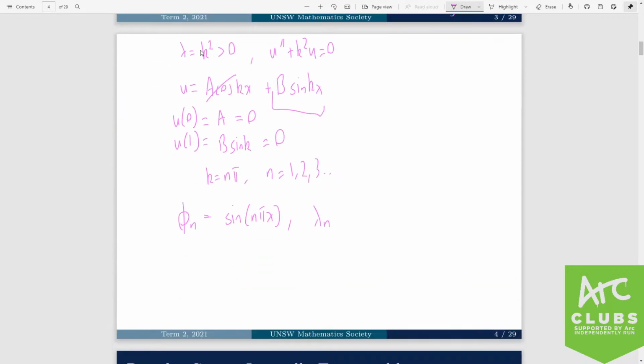Lambda n was k squared, and k is n pi, so that's n pi squared. And this is for n equals 1 to infinity, and not for n equals 0, since we don't want the trivial solution. So these form our eigenpairs. This is our eigenfunction, and this is our eigenvalue.